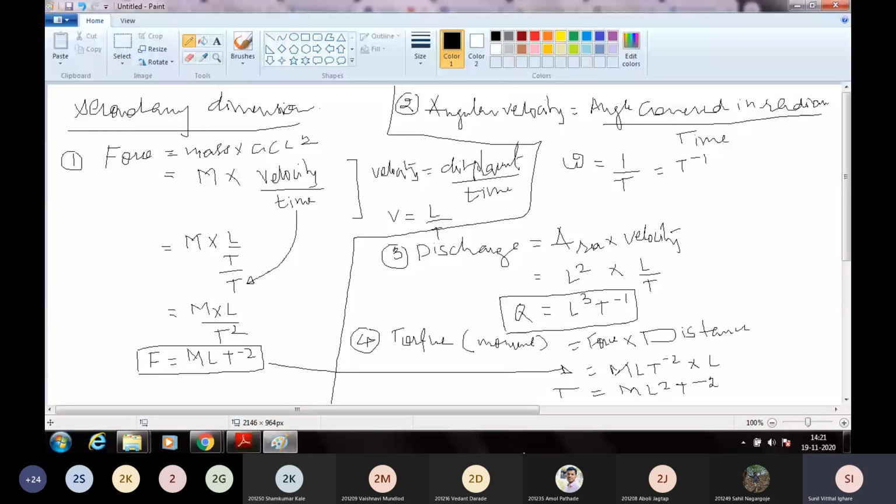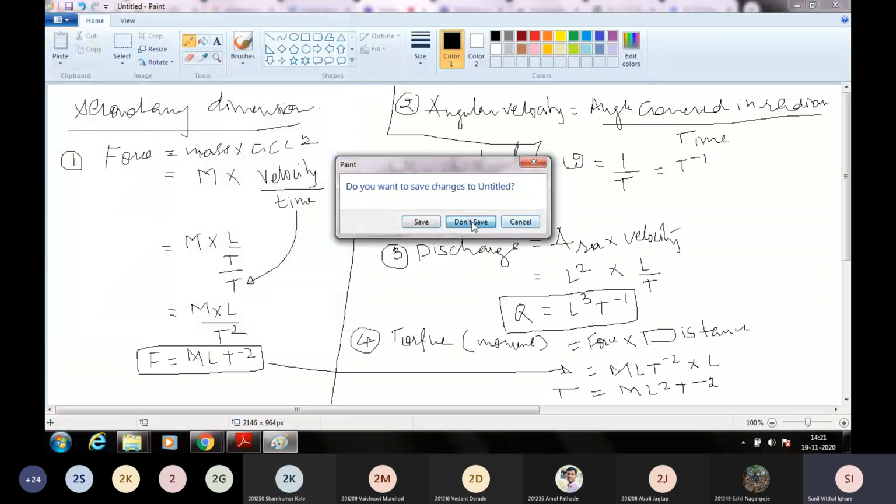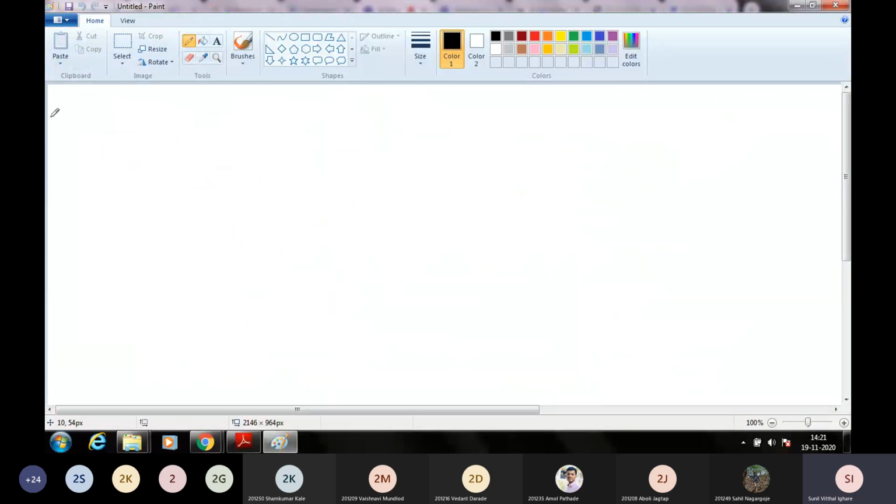Okay, so these are the secondary dimensions and how to write them in a fundamental way that I just have shown you. Again, we'll take a few examples so that you become familiar with that. Next is power. Power we are representing by P, that is equal to work done divided by time.